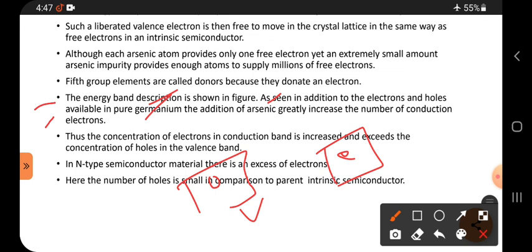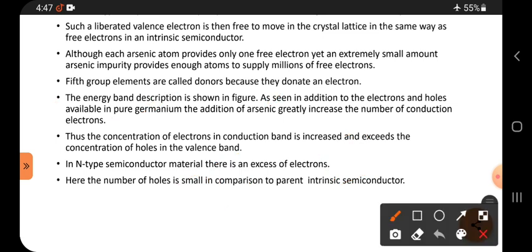Okay, available in pure germanium. The addition of arsenic greatly increases the number of conduction electrons. So here, as seen, not only electrons, holes are also present in pure germanium. The addition of arsenic greatly increases the number of conduction electrons. So arsenic adds more conduction electrons.